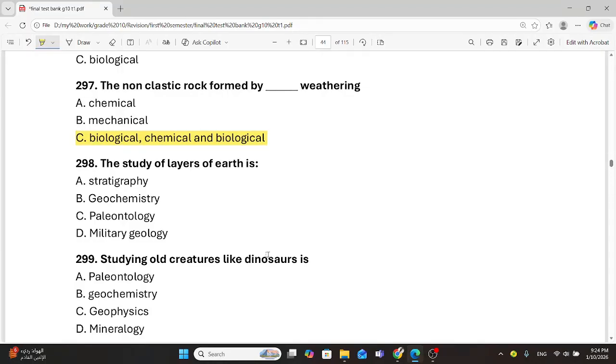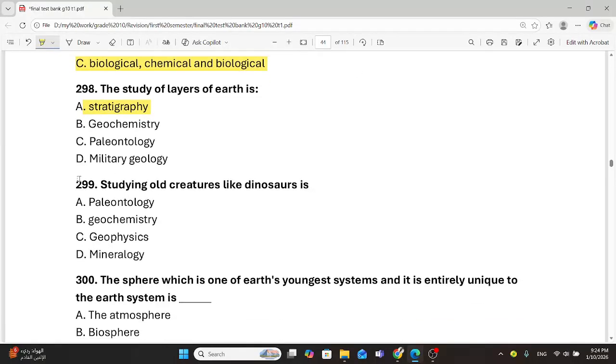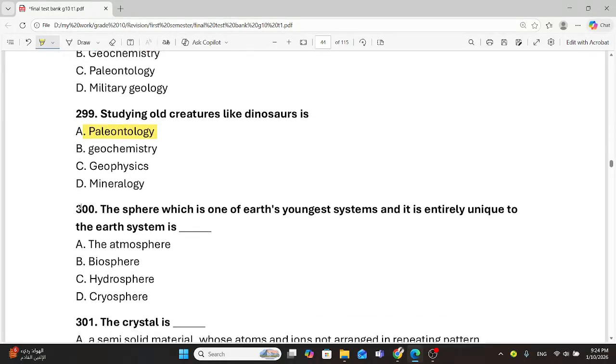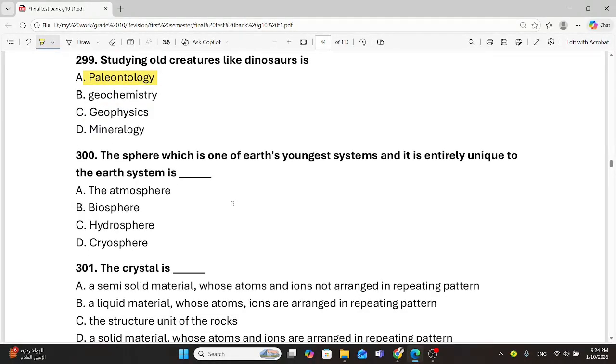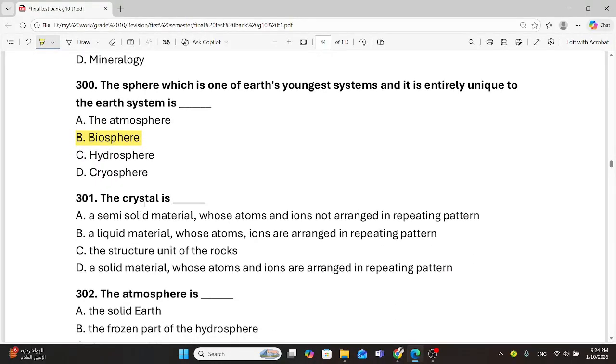The study of layers of earth is stratigraphy. Studying old life forms and fossils is paleontology. The sphere which is one of Earth's youngest systems and entirely unique to the Earth system is the atmosphere, biosphere, hydrosphere, or cryosphere? We already said it, biosphere. A crystal is a semi-solid?